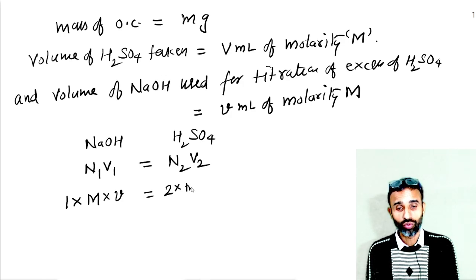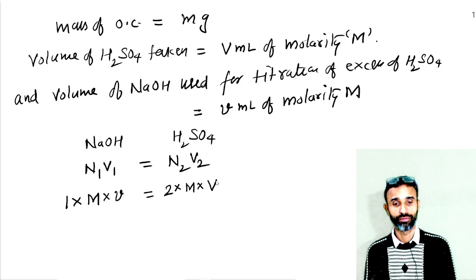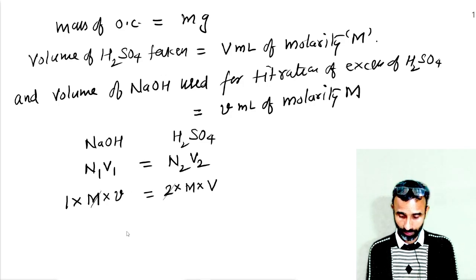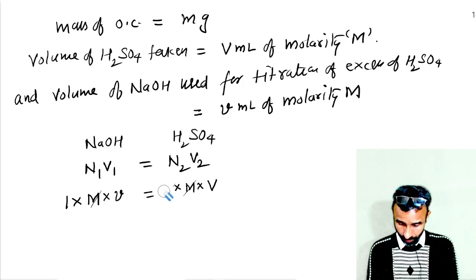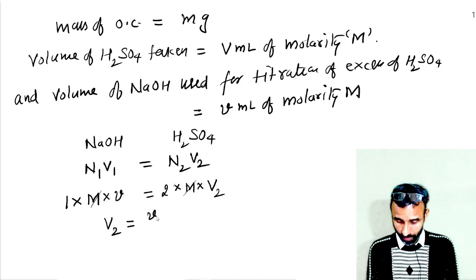So 2 into M into V. M cancels, which means the volume of H2SO4 is V by 2.